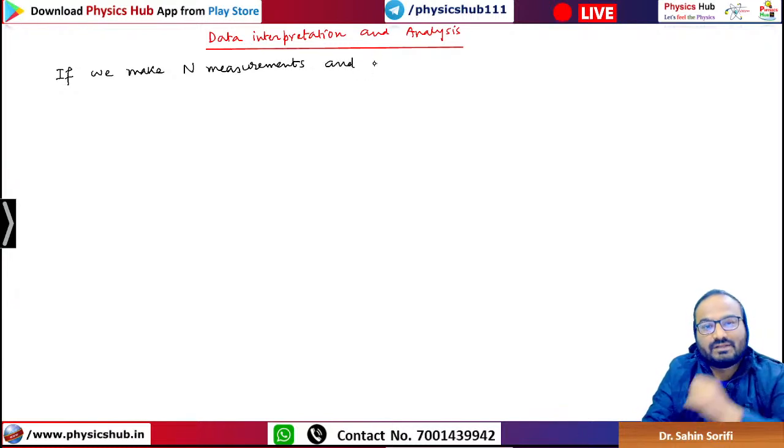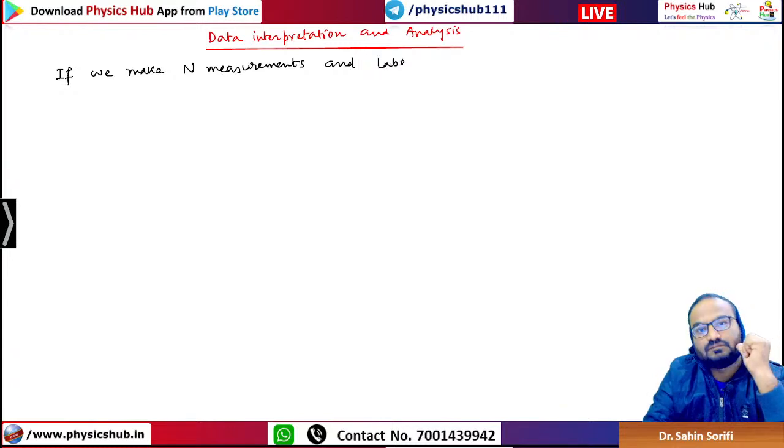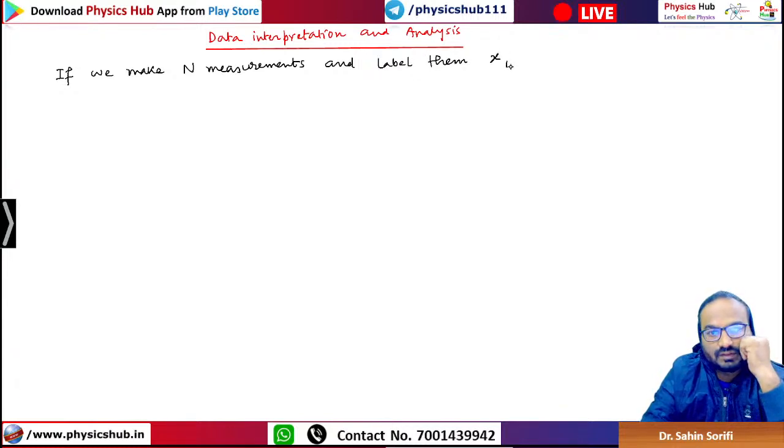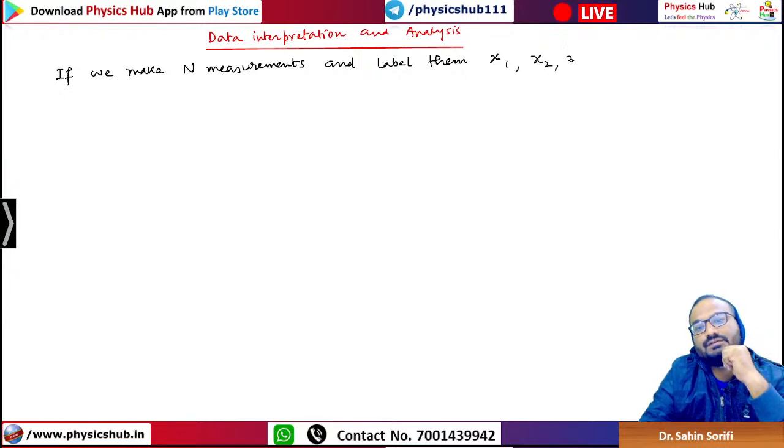So, let us say we make n number of measurements, so each measurement will give us some value. Let us label them. The first measurement is x1, second measurement is x2, third measurement is x3, and in this way the nth measurement is xn.